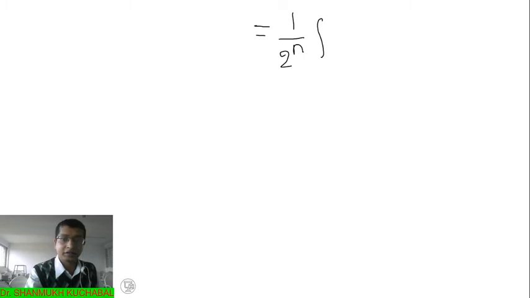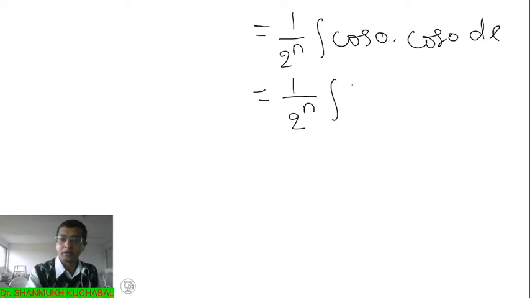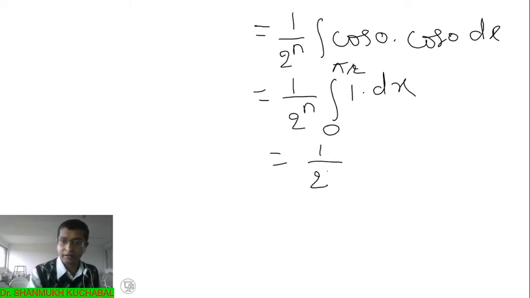It is an integration of cos 0 into cos 0 into dx. So further, cos 0 is 1, 1 into 1 is 1, 1 by 2 raised to n, integration of 1 dx, and the limit is from 0 to pi by 2. Yes, integration of this we have to calculate.